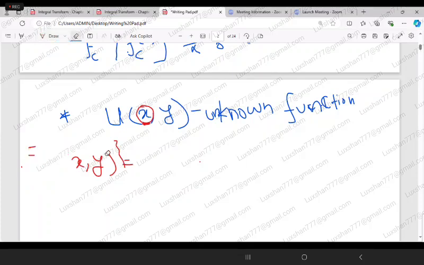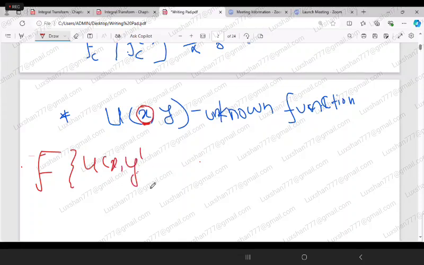So let me write it again. The Fourier transform of the function, please carefully understand these things, u(x, y), we denote it by u bar of omega comma y. So we keep y as it is.